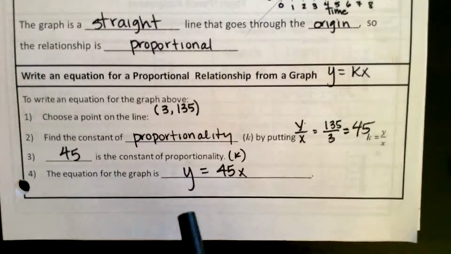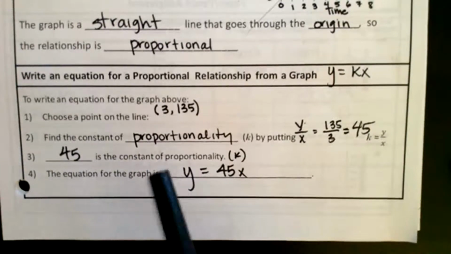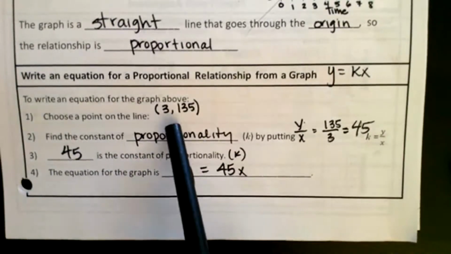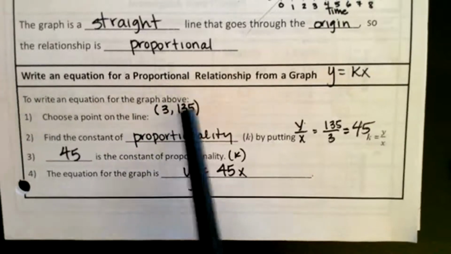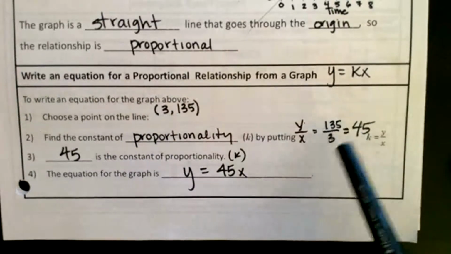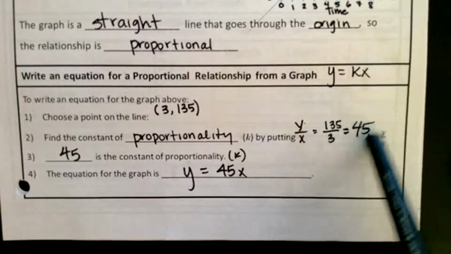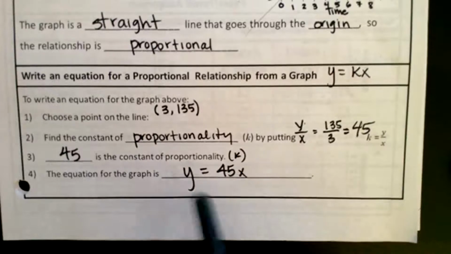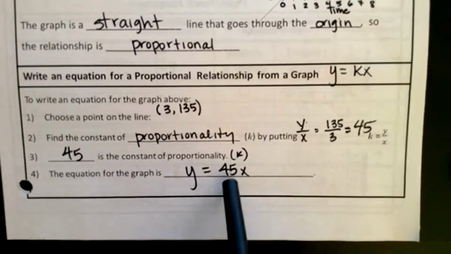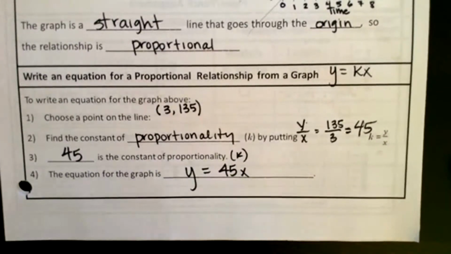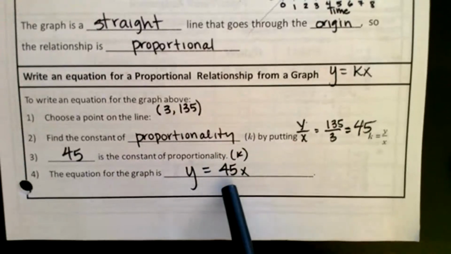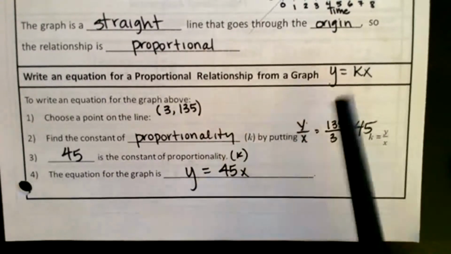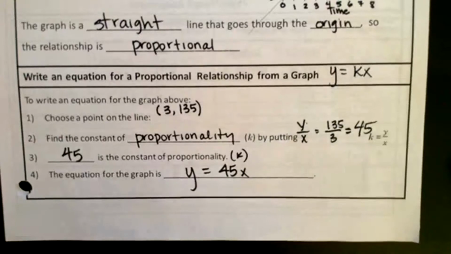And then to find the equation from the graph, you just take one of the points, divide the y by the x, 135 divided by 3, and whatever you get for your answer, that is your k value, or your constant of proportionality. And then you can write your equation by putting that number in place of the k in the equation y equals kx. Okay?